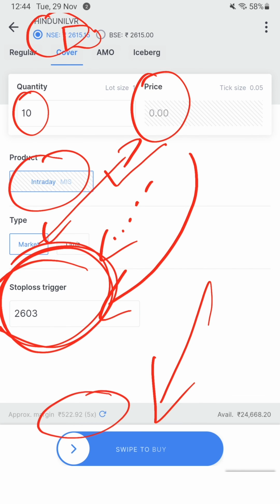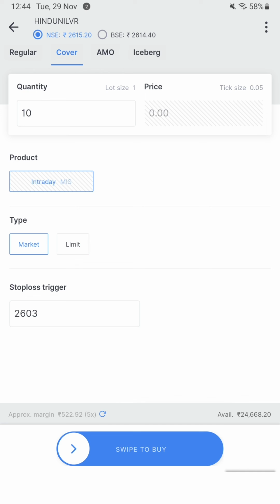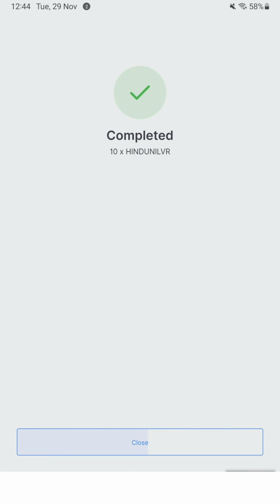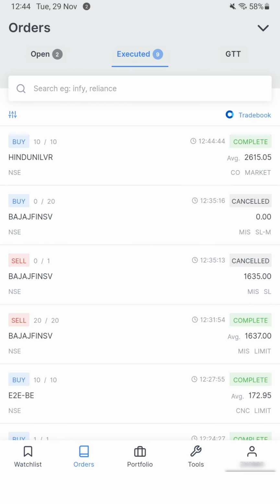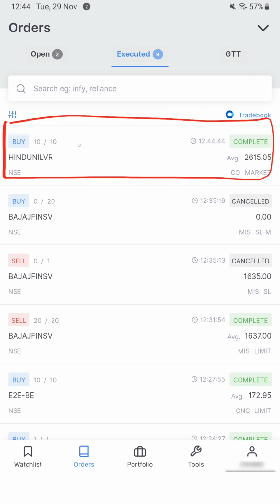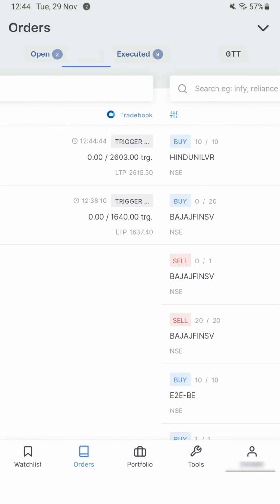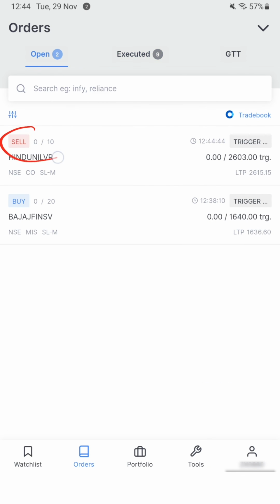You will see again I have 5x leverage over here because it is an intraday trade, and especially with stop loss put in, Zerodha is happy to give me this leverage. So I'm going to swipe to buy over here, and you will notice this transaction has been put in along with a stop loss in place. So you will see my buy order has gone in, and in open you will notice that a sell order has already been put in place with my decided trigger in place.